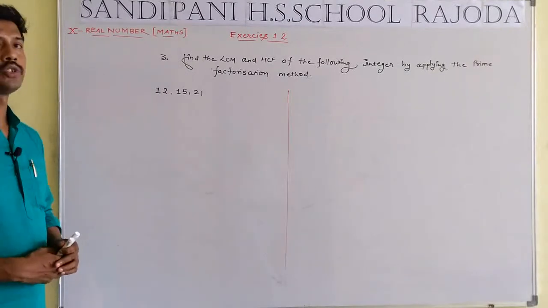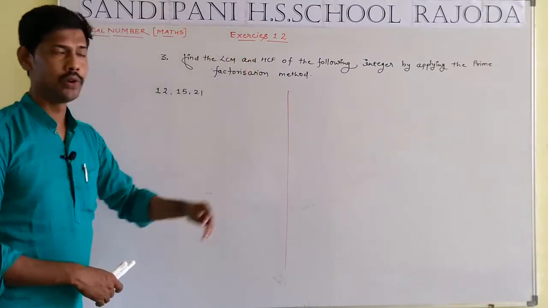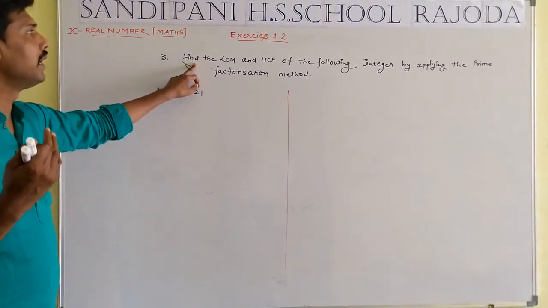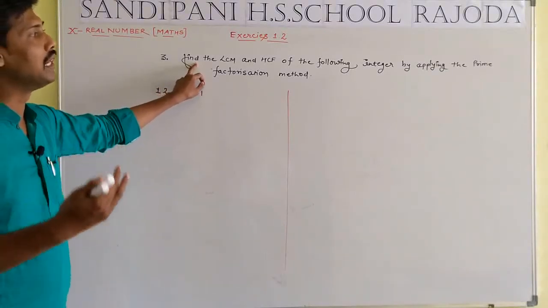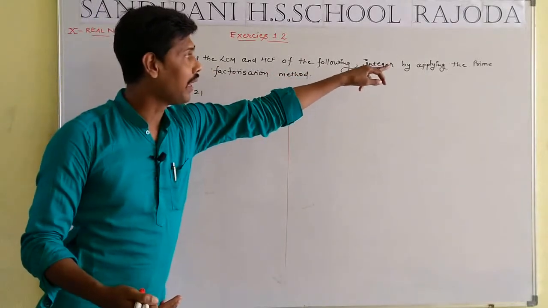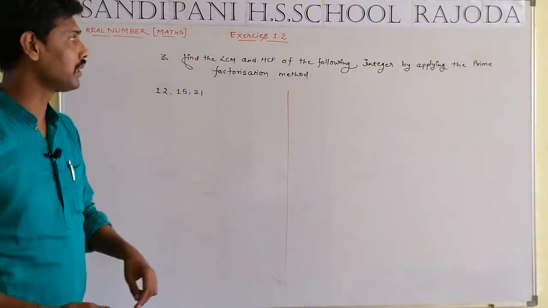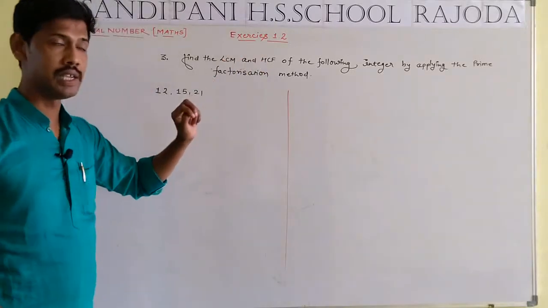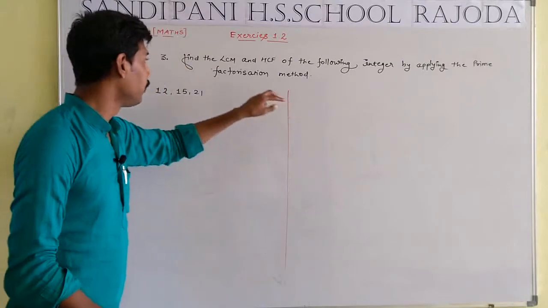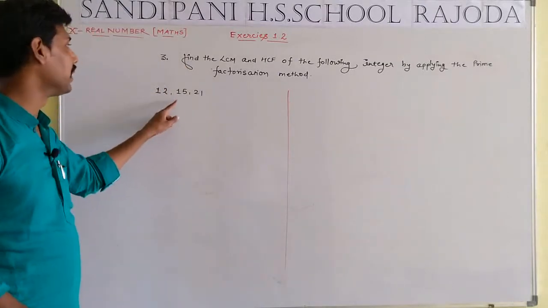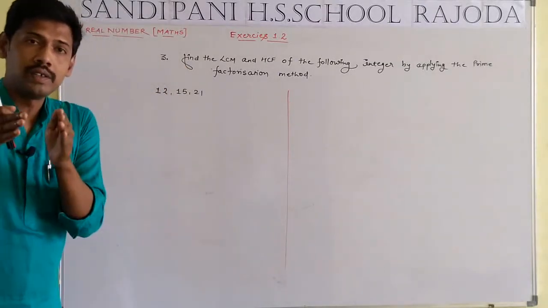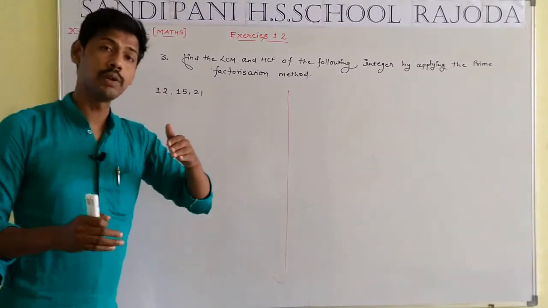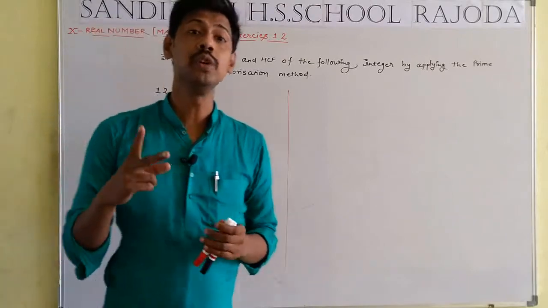Students, there is question number 3 of exercise number 1.2. What is the demand of the question? Find the LCM and HCF of the following integers by applying the prime factorization method. Sir, what is the basic difference between question number 2 and question number 3? In question 2, we use two numbers.